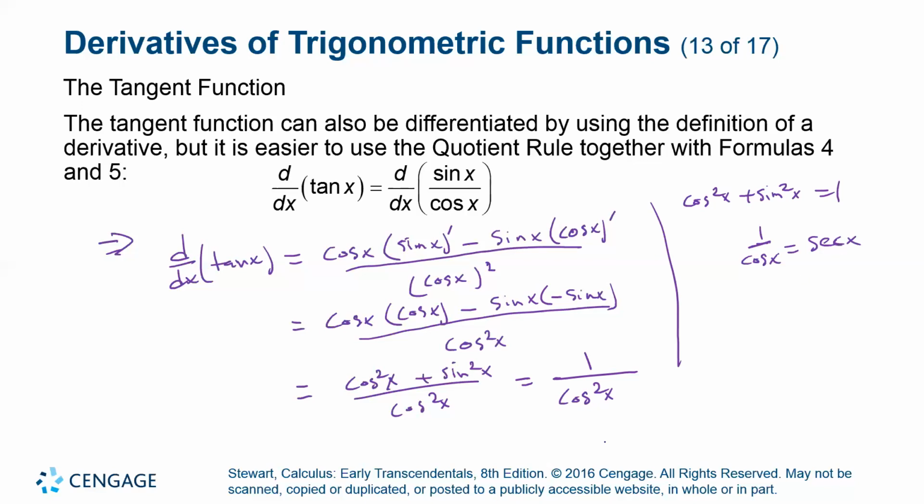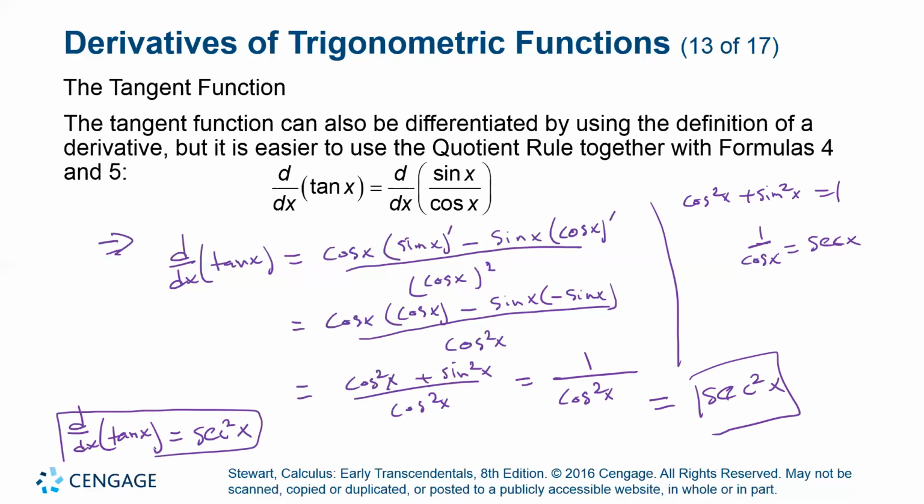And so if you have 1 over cosine squared, that is the same as secant squared of x. So in other words, if I differentiate tangent, I get secant squared of x.